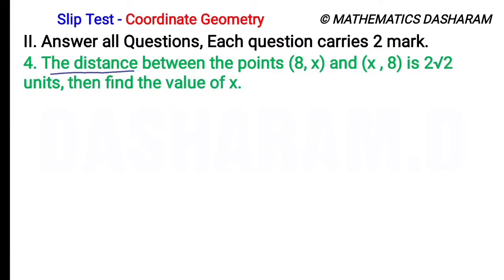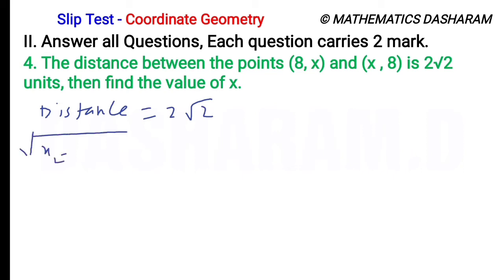Fourth question: the distance between the points (8, x) and (x, 8) is 2 root 2 units. Then find the value of x. So he gave the distance. The distance between the two points is 2 root 2 units. The distance formula is under root of (x2 - x1) whole square plus (y2 - y1) whole square, equals 2 root 2.